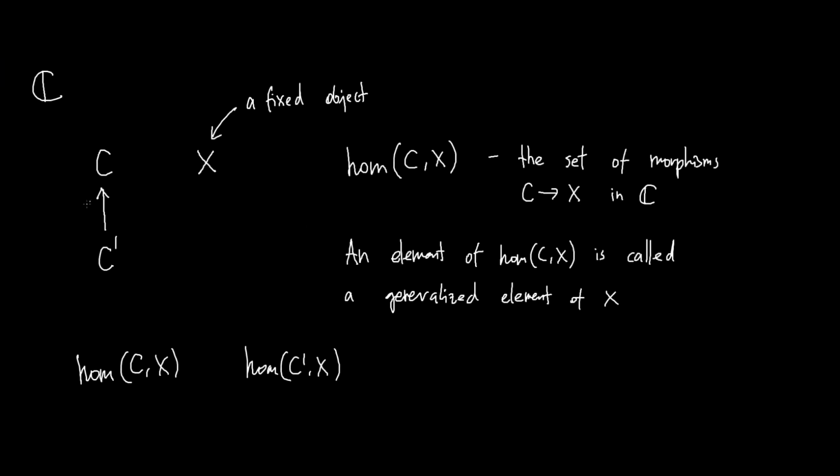So let this morphism be f. And then if I take a generalized element of X, let's call it small x, what I can do, of course, is to compose f and x. And this gives a mapping from Hom(C, X) to Hom(C prime, X).